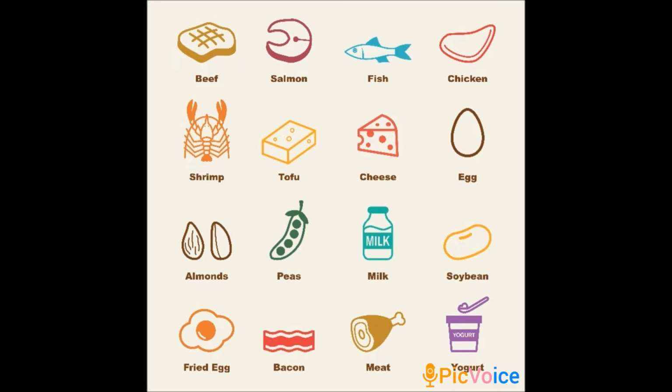So you can see beef, salmon, fish, chicken, shrimp, tofu, cheese, egg, almonds, peas, milk, soybean, fried egg, bacon, meat, yogurt. There are also other components like pulses and all the milk products. So everything has protein and it is used for the bodybuilding of the human body.